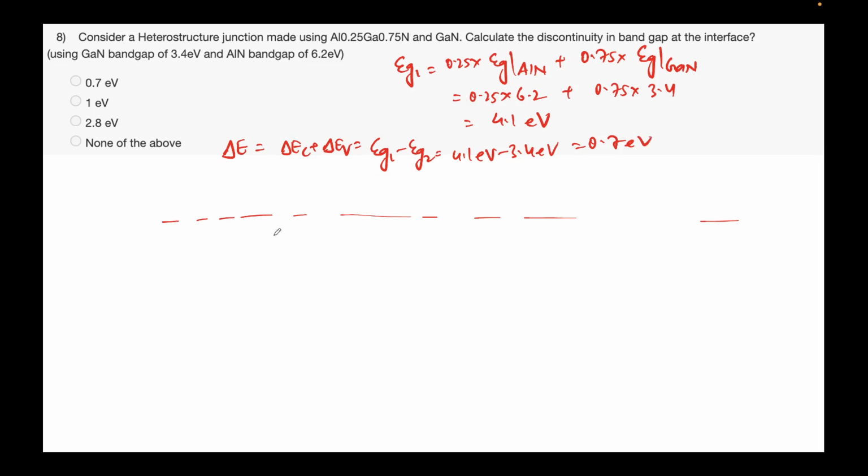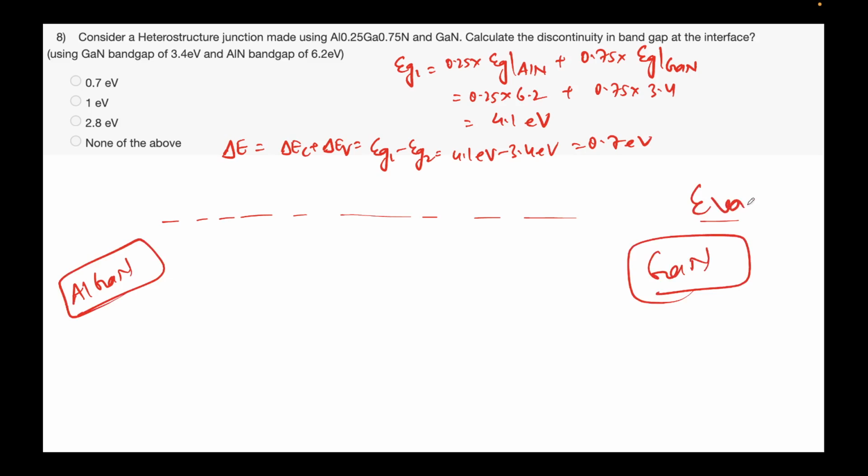That's fine. Now let's just draw the diagram again. Okay, so again the left side is your AlGaN, the right side is your GaN. This is the E vacuum or our reference level.